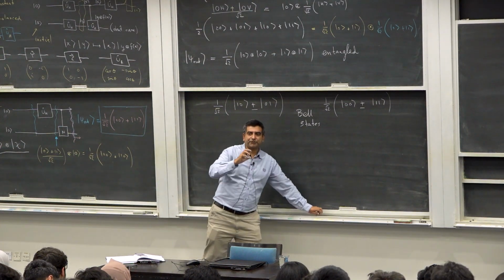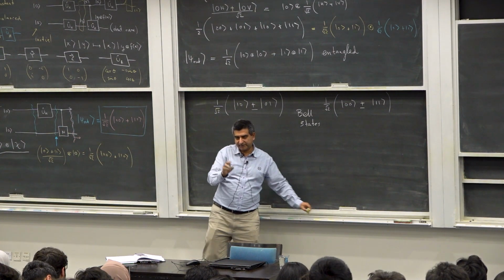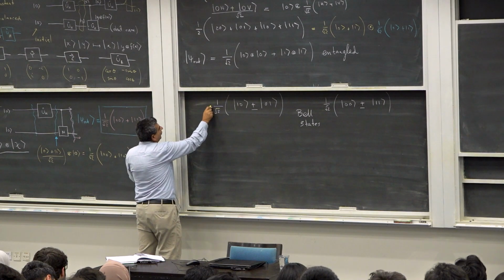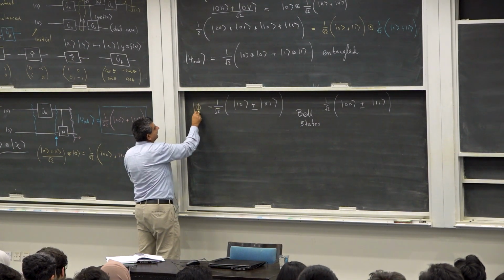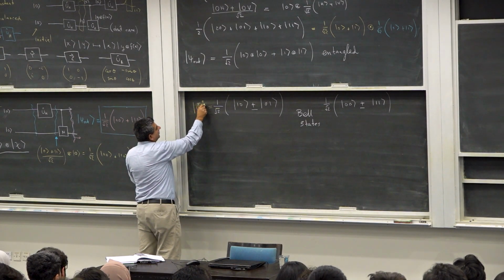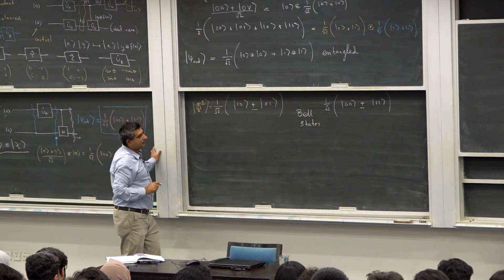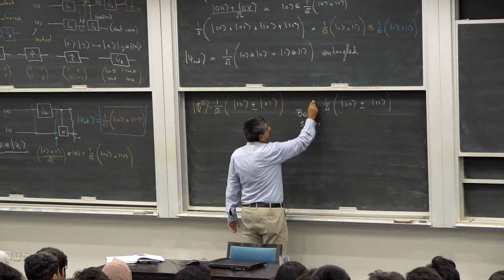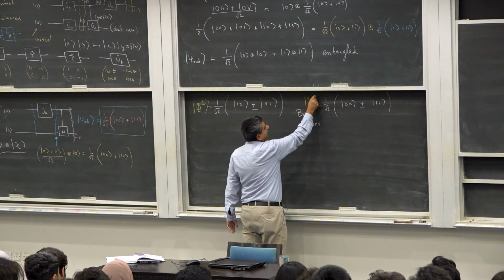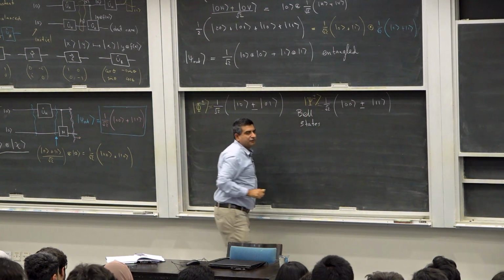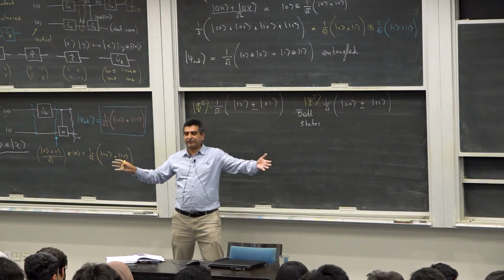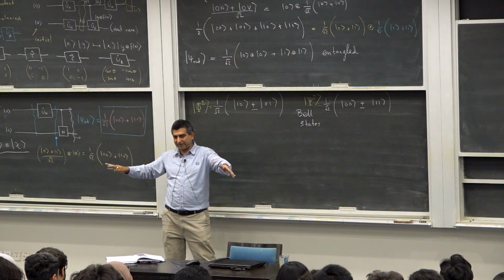And one generally uses a special symbol for the Bell states. One calls these states big phi, plus or minus, and these states big psi, plus or minus. So there are 4 kinds of Bell states which are entangled states for 2 qubits.